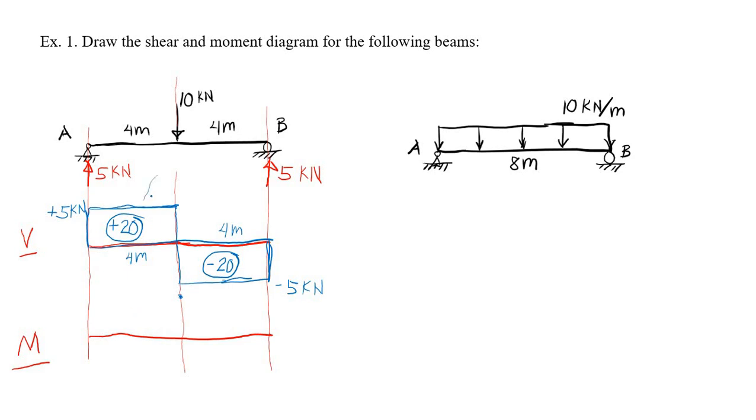And take note that this is 0 degree, then our line should be upwards, which is first degree. So, this is simply equivalent to 20 kilonewton meter.